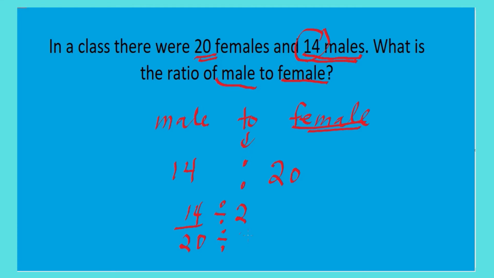So 14 divided by 2 will give you 7, and 20 divided by 2 will give you 10. So the simplified ratio of the class will be 7 to 10. So there will be 7 males for every 10 females. Alright?